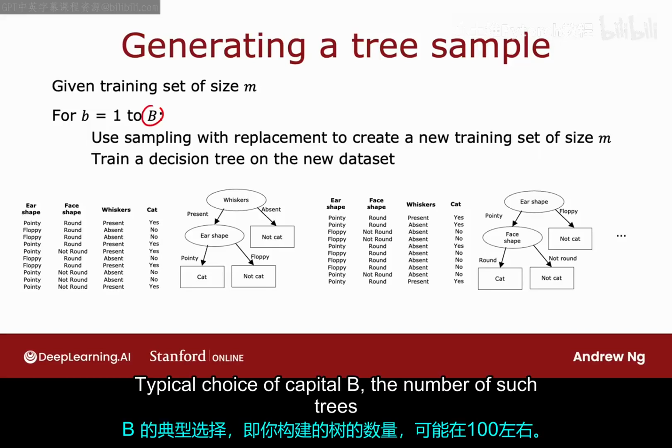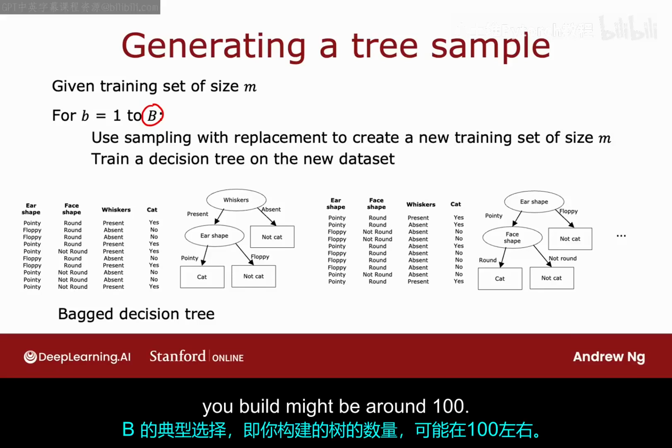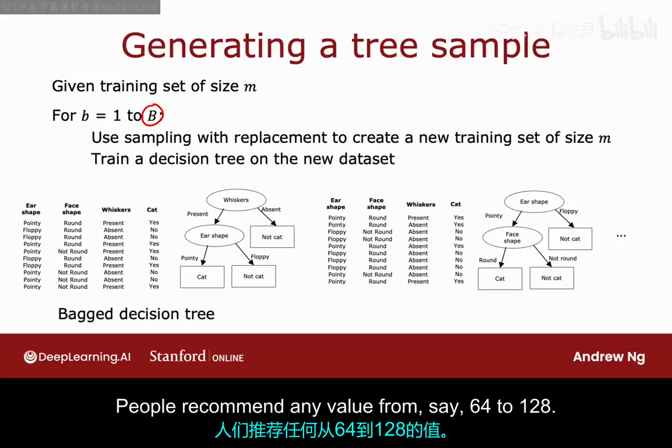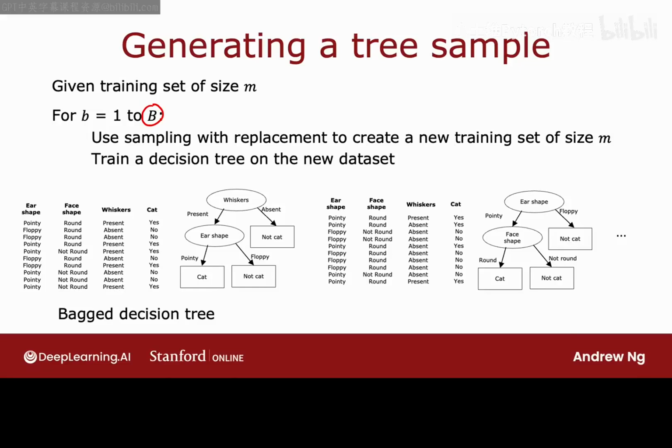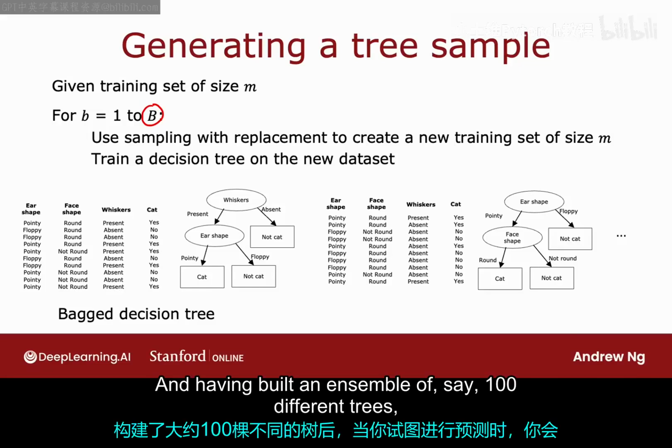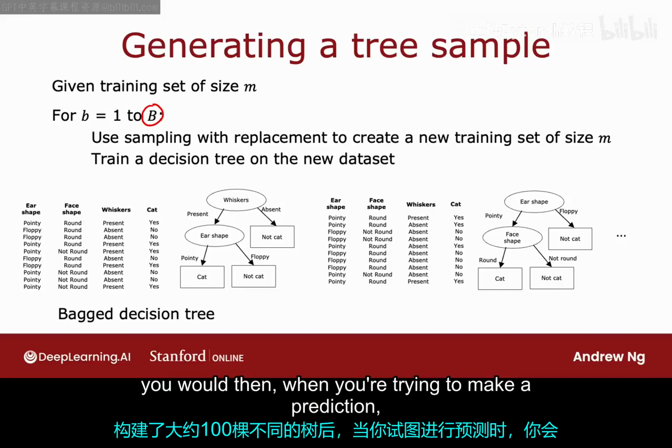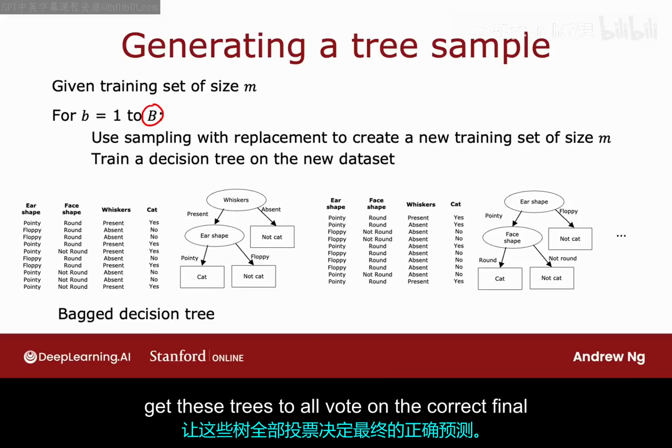Typical choice of capital B, the number of such trees you build, might be around 100. People recommend any value from, say, 64 to 128. And having built an ensemble of, say, 100 different trees, you would then, when you're trying to make a prediction, get these trees to all vote on the correct final prediction.